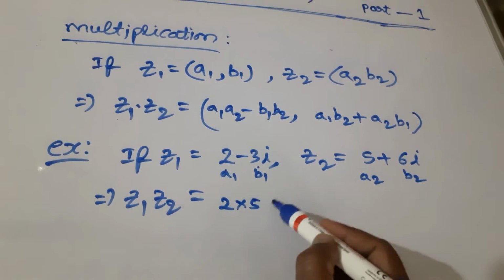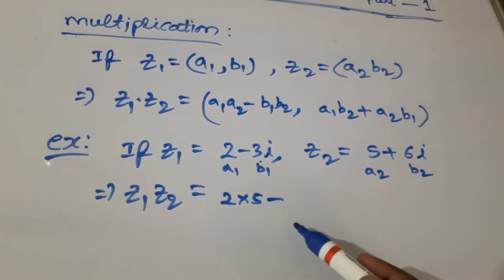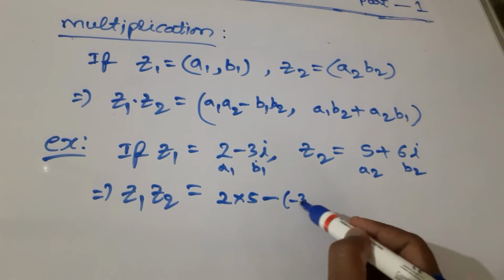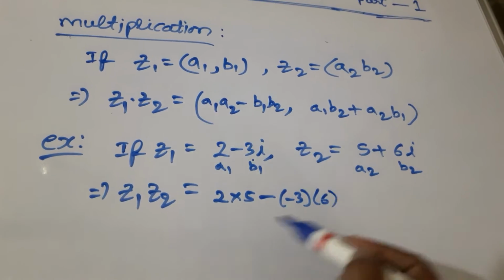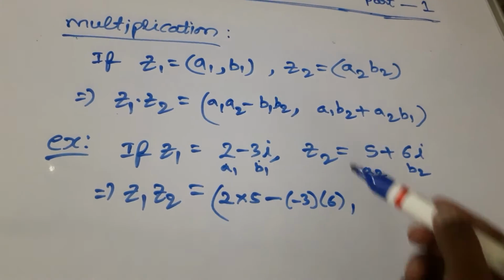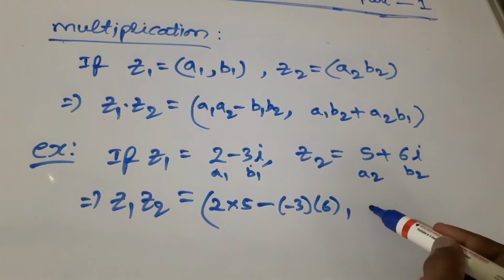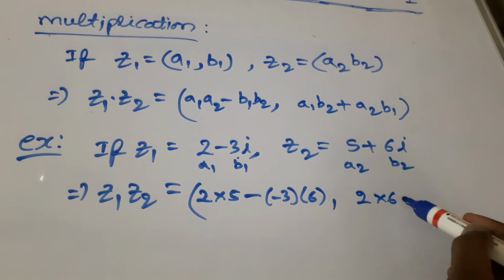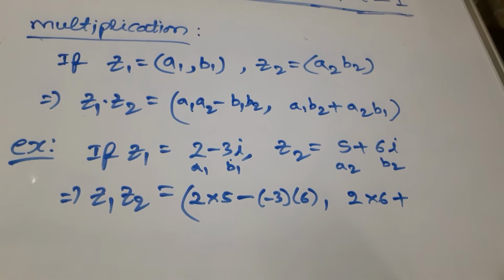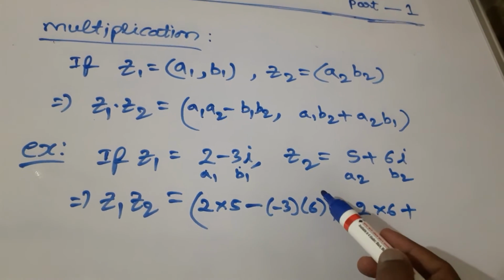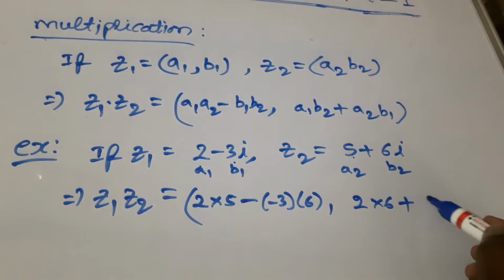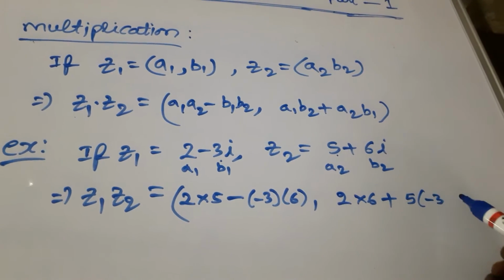2 into 5 minus b1 b2, b1 b2 means minus 3 into 6. Comma, a1 b2 plus a2 b1. a1 b2 means 2 into 6 plus a2 b1, a2 b1 means 5 into minus 3.